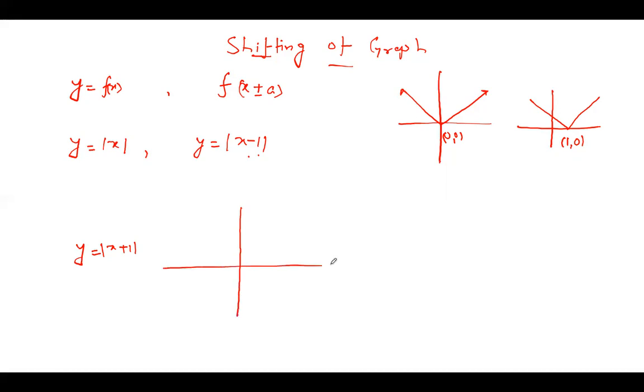You have to move the mod x graph to the left. This is minus 1, 0. This is called shifting of graph. The shifting to the left or right depends: x minus 1 is there, so going to the right; x plus 1 is there, then you have to go left, right?